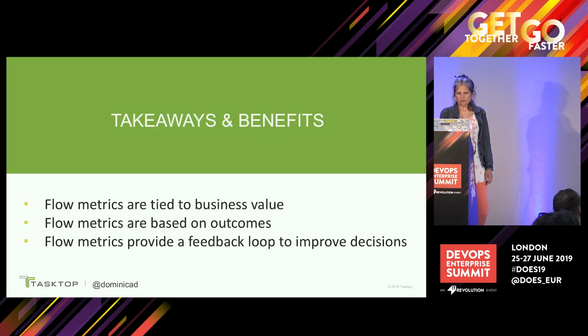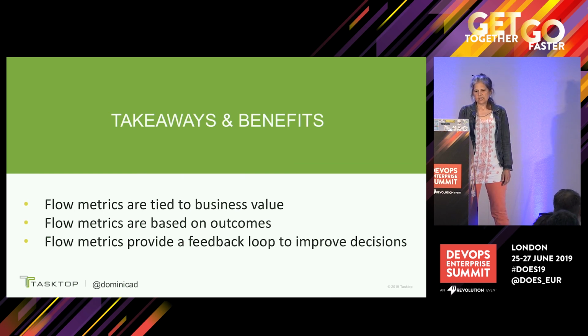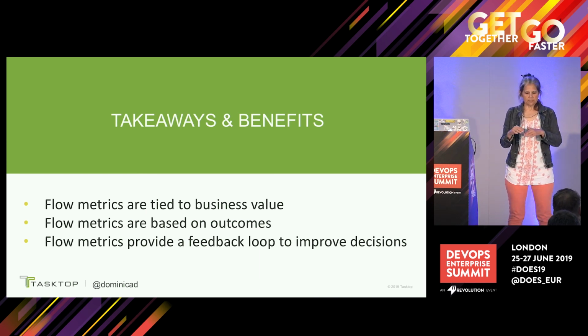I'm going to save a bit of time for questions, so I'm just going to wrap this up with takeaways and benefits for you to keep in mind. With flow metrics, the goal really is to tie it to the business value so you can have good conversations with your senior leadership.